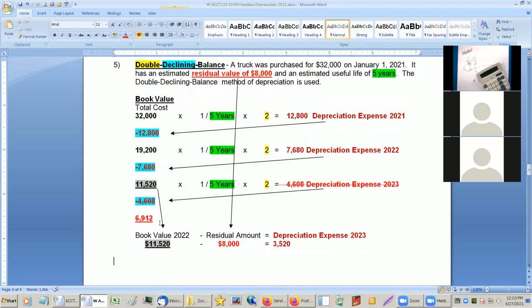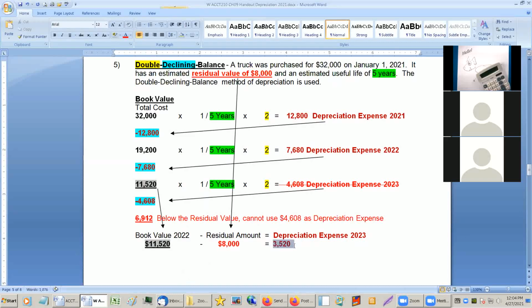So this is below the residual value, so you can't use that.